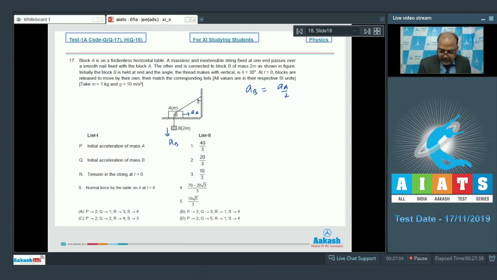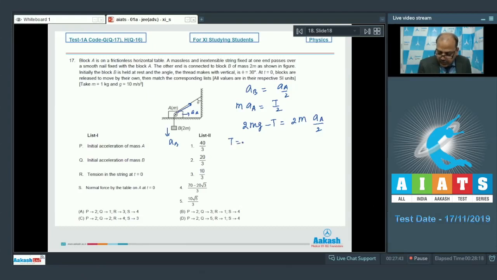Now if we write the equation for block A, we get m aA is equal to, this angle is 60 degree, so T cos 60 degree or T by 2. For block B we have 2mg minus T is equal to 2m aB, and aB is aA by 2. So if we combine these two equations, what do we get?